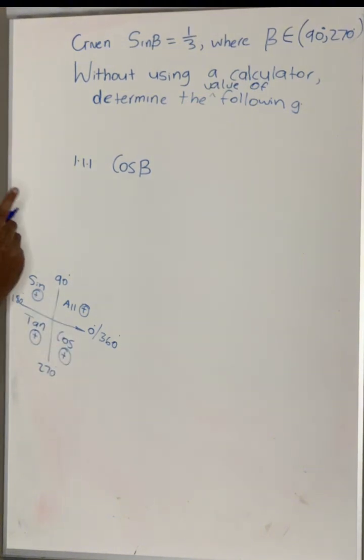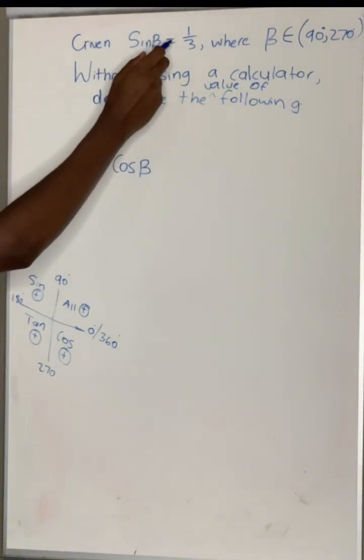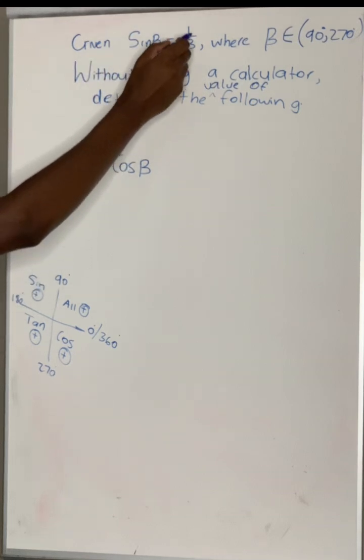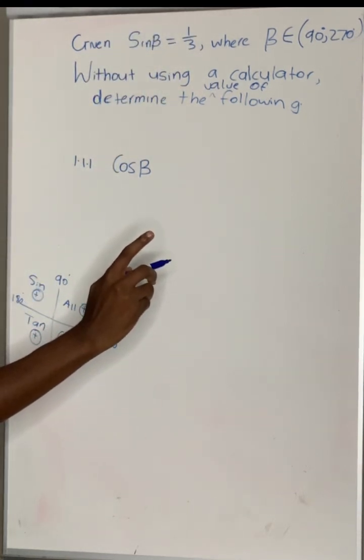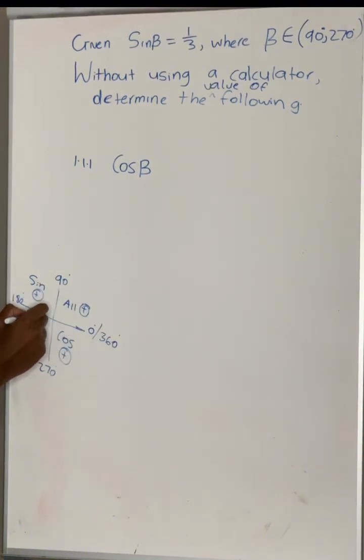Okay. Now over here we are given sine beta is equal to 1 over 3. And this value is actually positive, right? Remember, we are told that it lies between 90 and 270, which is in between these two quadrants. And sine is only positive in the second quadrant, in between these two.